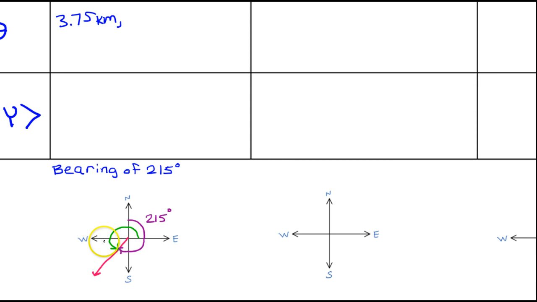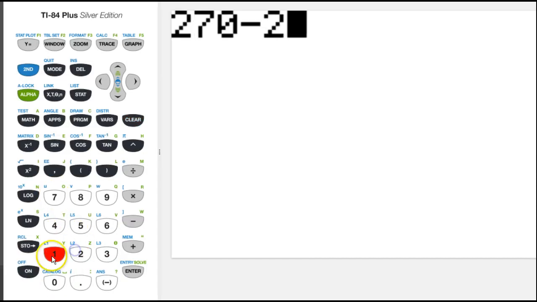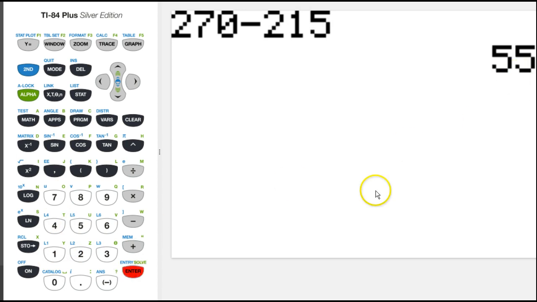Let's figure out the measure of this reference angle right here. Now, 215 degrees was on its way to being 270, but it stopped short. So what's the difference between 270 and 215? If I do 270 minus 215, that should give me the angle in between.